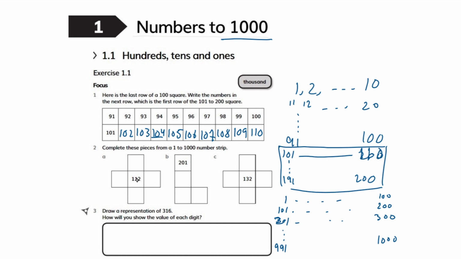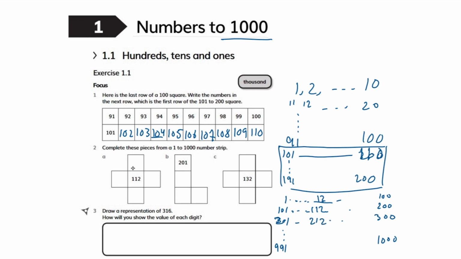For example, 112 is given here. What comes above 112? If this is 1, 2, 3, 4, when it comes up to 12, 12 is in this line. So from 101, when it comes, 112 is also here. Under 112, it will be 212.